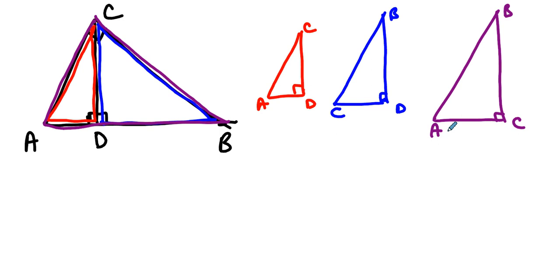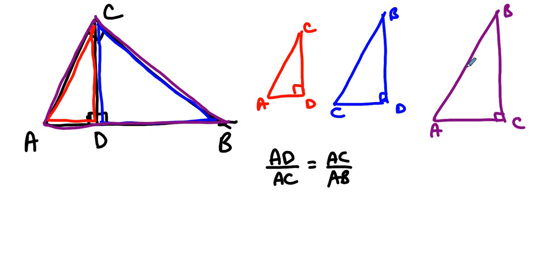So what do we know about similar figures? We know that similar figures have proportions. So we know that little side here compares to hypotenuse here, as little side here compares to hypotenuse here.